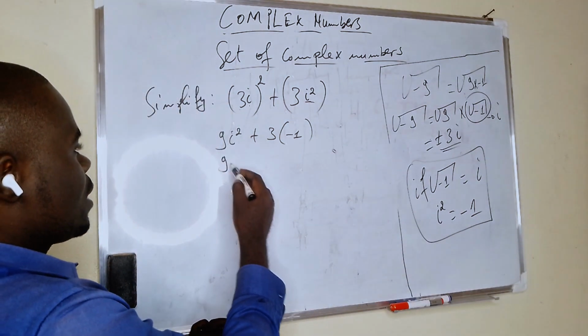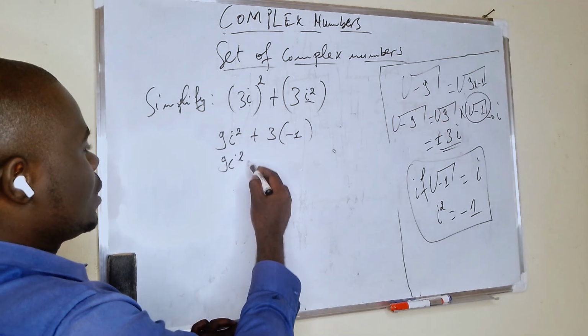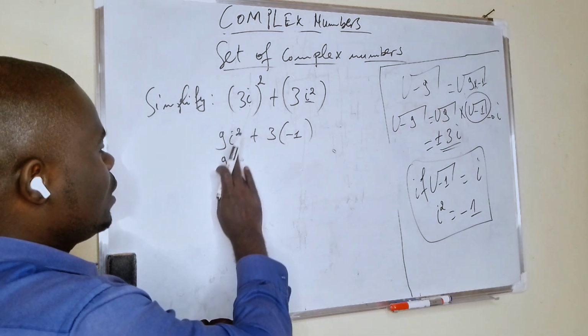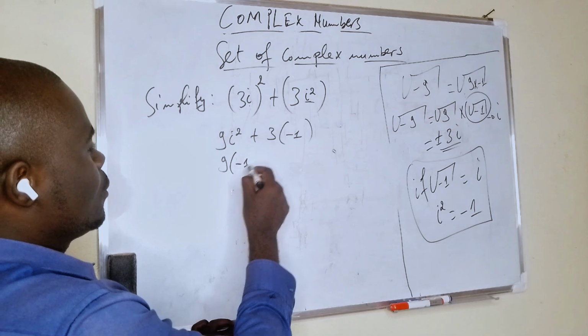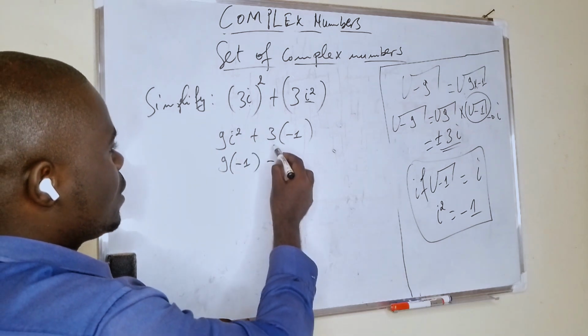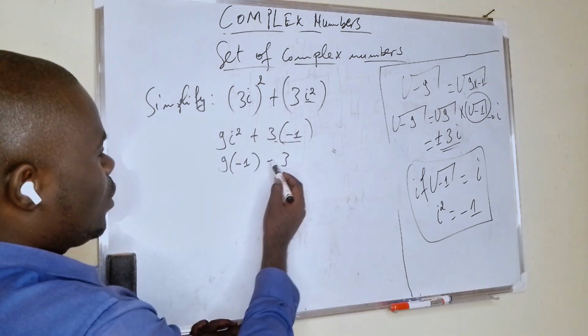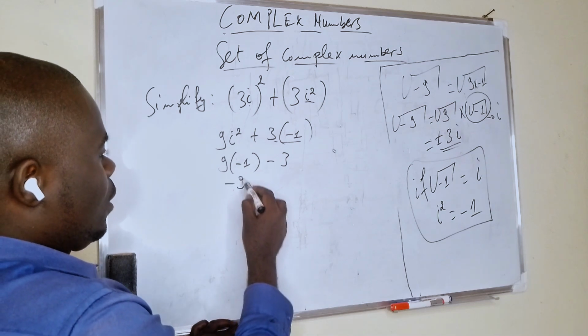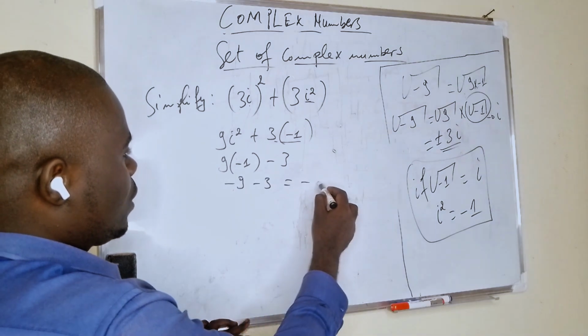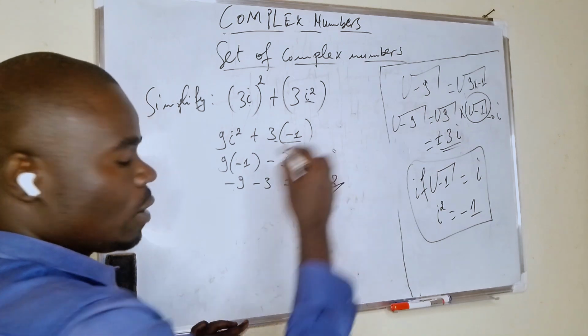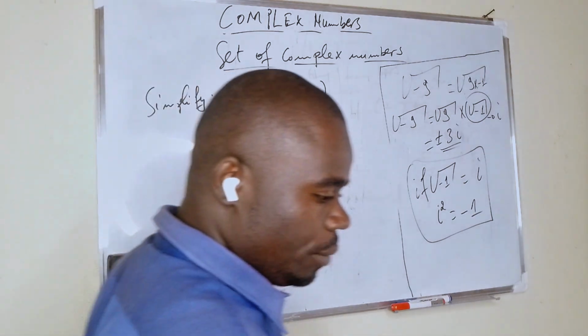Then this is 9 i squared, and i squared is negative 1, then negative 9. 3 times negative 1 is equal to negative 3. So this is a negative 9, negative 3, which is equal to negative 12. This is an example here.